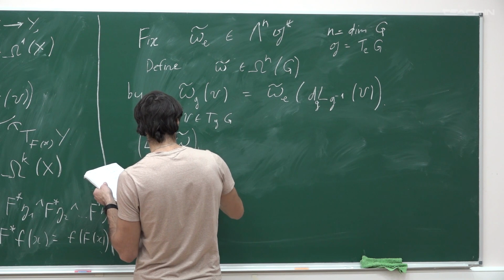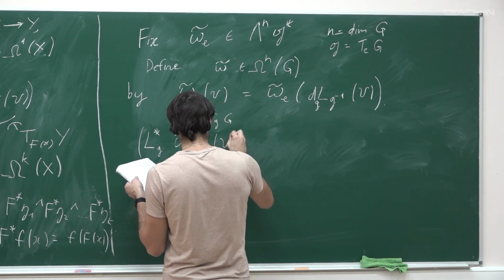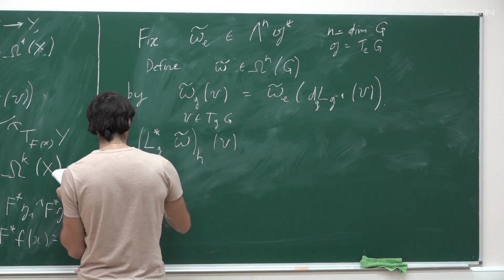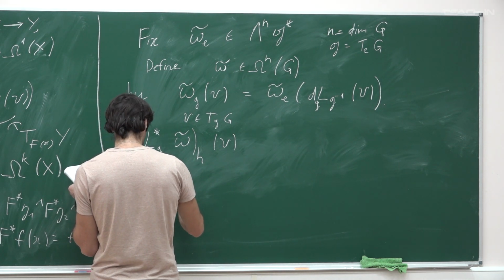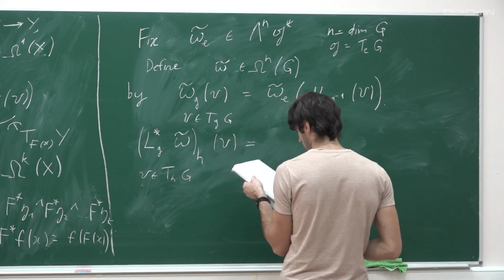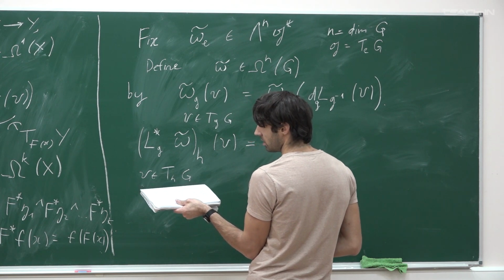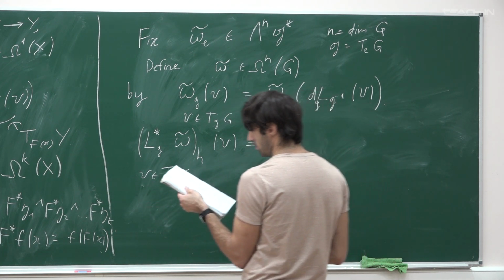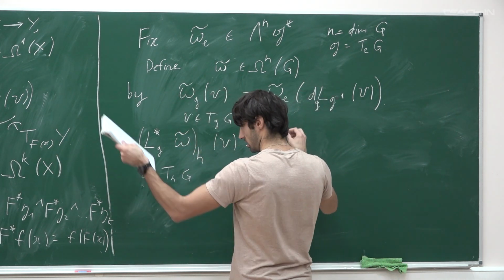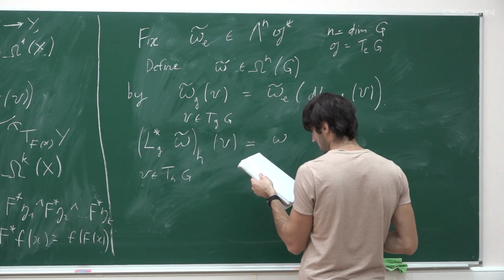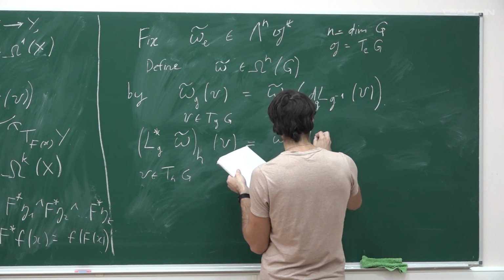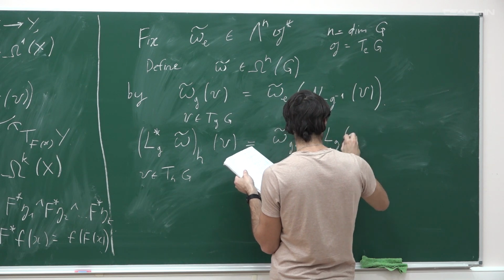So I need to compute this at point h and act on a vector v that lives in T h G. By what we see here, according to what I defined, this is omega tilde at gh of d L g v.